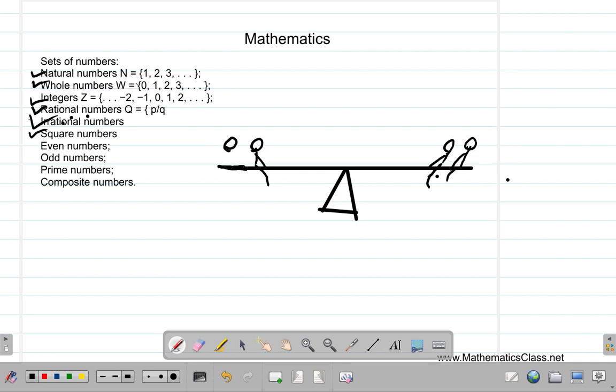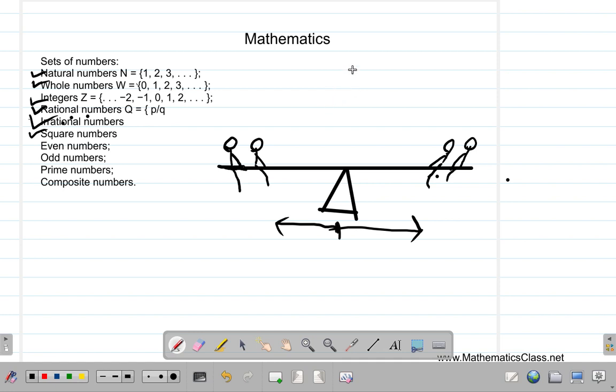But if someone else of the same weight comes and sits here, you now have an even number, 4, and it will balance. So an even number of persons will make the seesaw balance, provided that the distance they sit from the pivot is the same and they have the same weight.